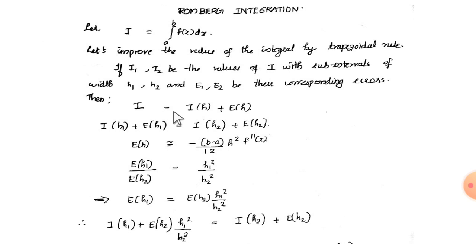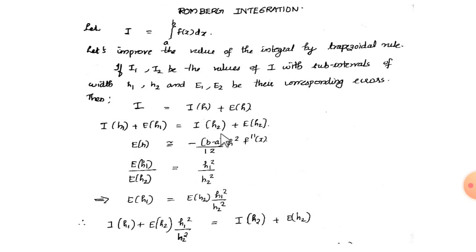So taking I1 and I2, I of h1 plus e of h1 will be equal to I of h2 plus e of h2, is it? Now taking the ratio, e of h1 by e of h2, the value will be h1 square by h2 square.